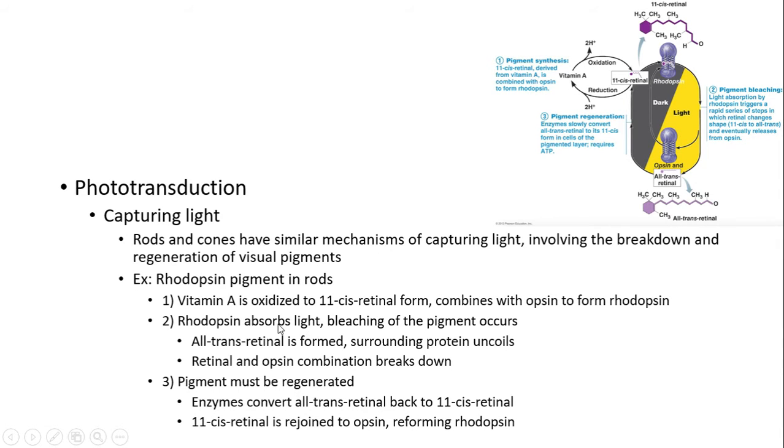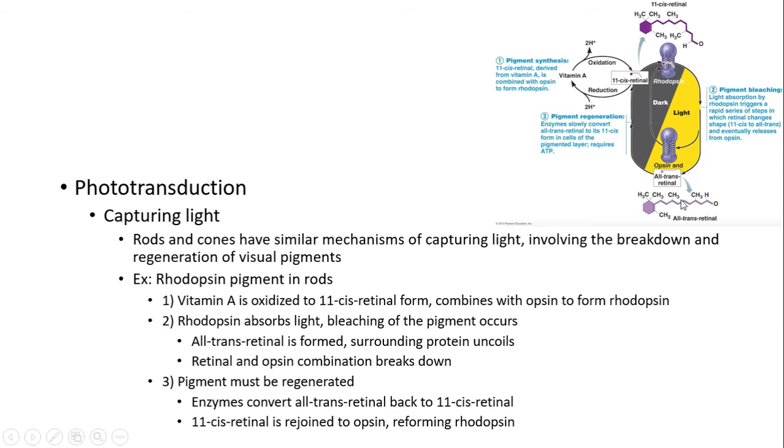The rhodopsin absorbs the light, the bleaching, the breakdown of the pigment occurs, and then we have our all-trans retinol formed, and the surrounding protein, which is this protein right here, becomes uncoiled. It relaxes, it becomes uncoiled, and we get our all-trans retinol isomer. And then the retinol and opsin combination breaks apart, right?